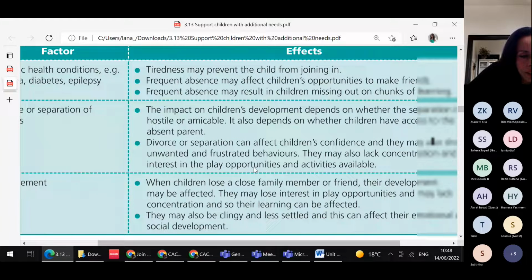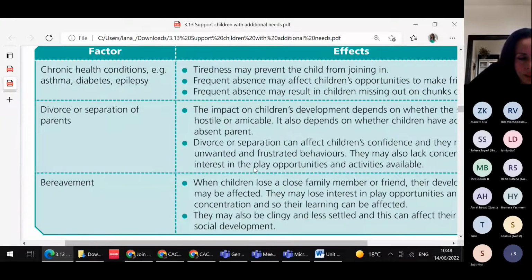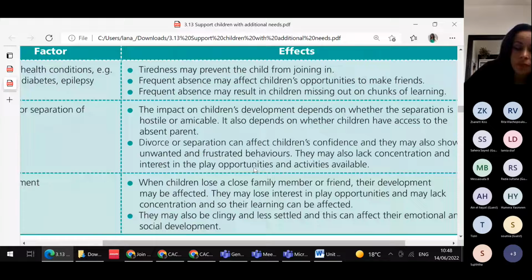Also, we have another factor, which is divorce. So if the child's parents are separating, not for a while but separating forever, or divorcing, that would affect the child in the long term. It's not that they are just fighting today and tomorrow they will be fine. No, they're divorcing. So that would affect him or her in the long term.